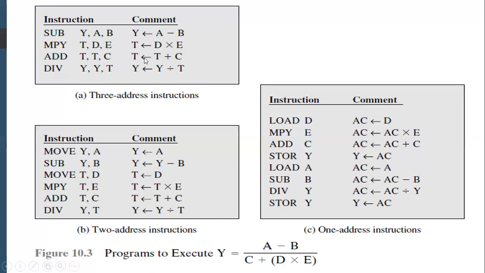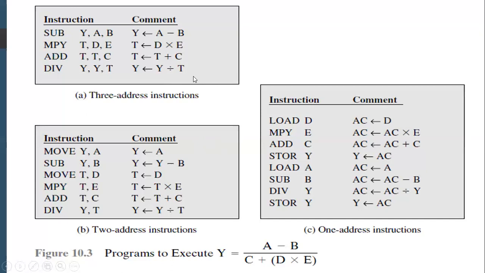Now in t you have your denominator, in y you have your numerator. So you have to divide y by t and you will get your answer for this polynomial. Now again count the number of instructions: 1, 2, 3, 4.